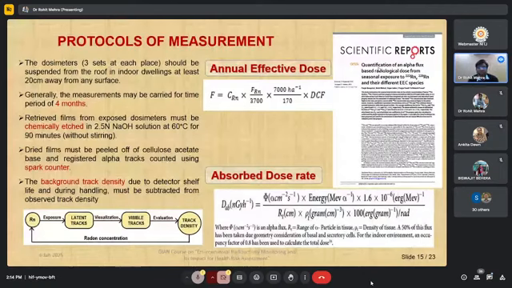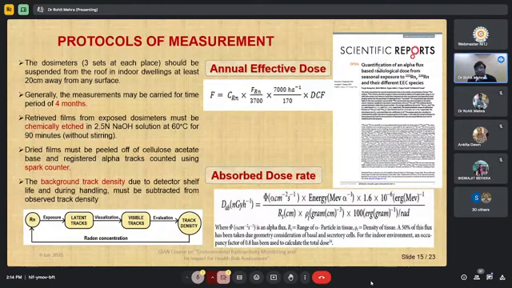Then our tracks are visible and you could count those with the help of spark counters, or previously we were using some of the optical microscopes or electronic microscopes you could use.